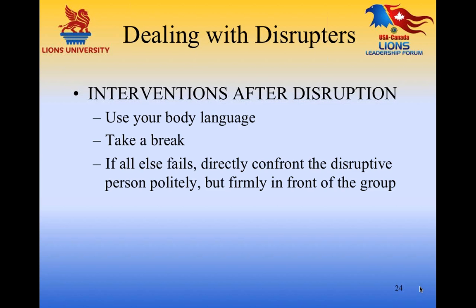If you don't have the ability to control the seating arrangements, or you can't identify the disruptor ahead of time, you can always interrupt the person if you need to and call on somebody else, and then start calling on people for their opinions and leave your disruptor for last.